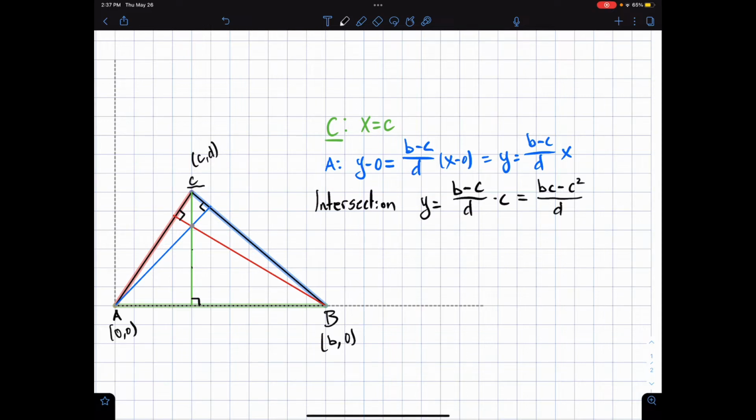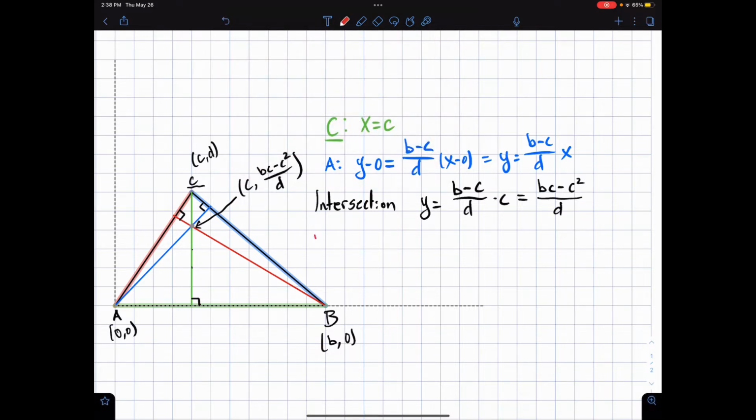Okay, great. So now we know that the coordinates of this point are c, and then bc minus c squared over d. Great. Now we want to write the equation for line B, and we want to see if it passes through that point.